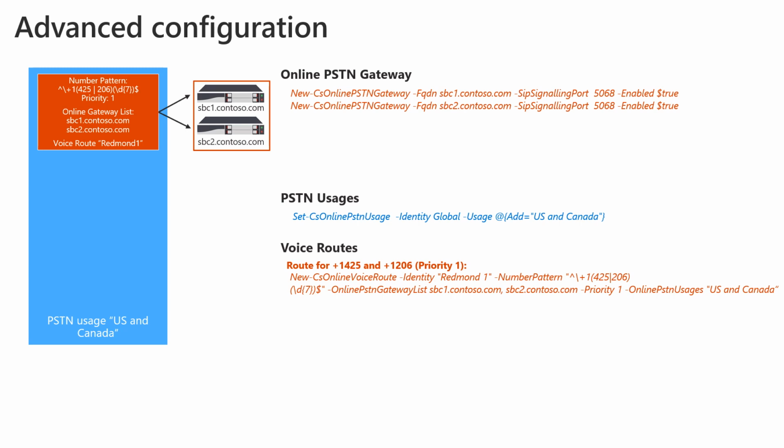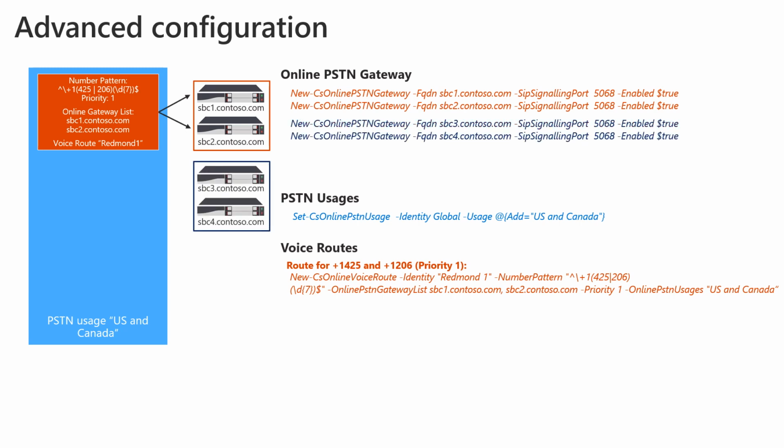So any phone numbers +1425 or +1206 are assigned to this voice route with the highest priority, priority 1. So you can see here, New-CsOnlineVoiceRoute, identity Redmond 1, the number pattern, you can see here the regular expression for the two prefixes. The online PSTN gateway list is SBC1 and SBC2, priority is 1, and the PSTN usage is US and Canada.